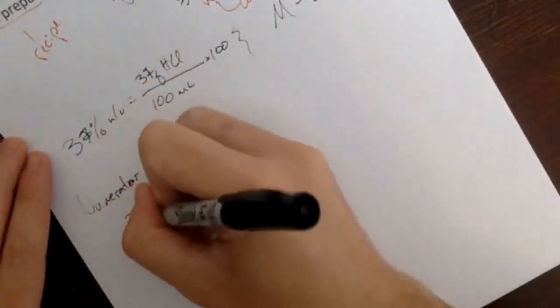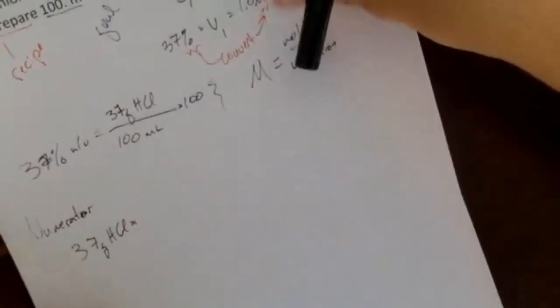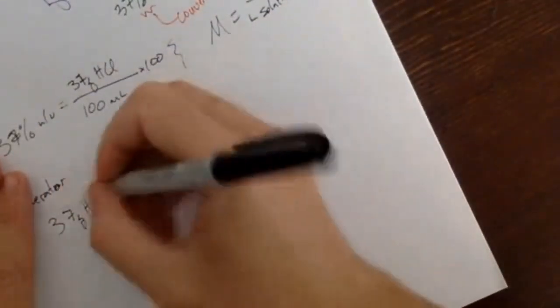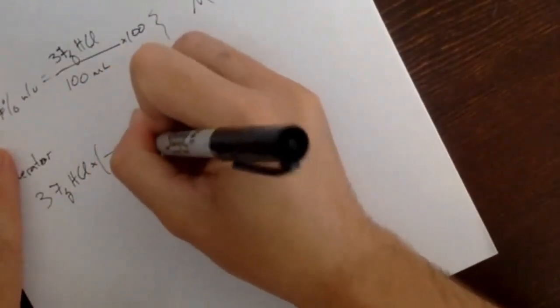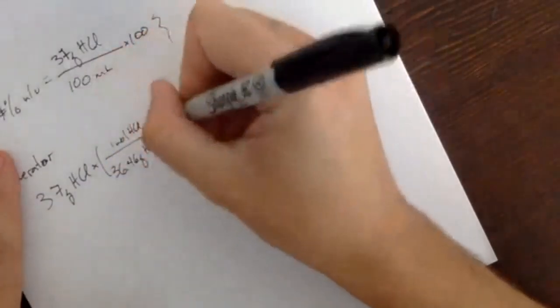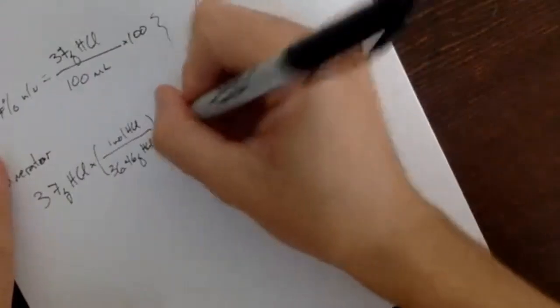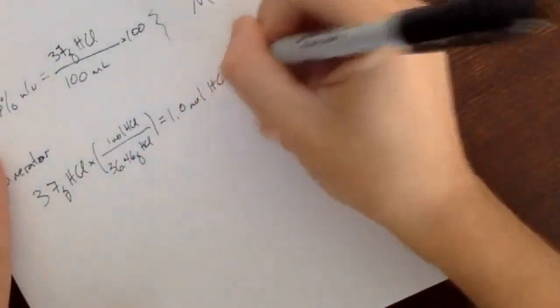I have 37 grams of HCl, and I want to turn that into moles. So I'm going to use my molar mass. You can calculate it or look it up. The molar mass of HCl is 36.46 grams of HCl for every 1 mole of HCl.